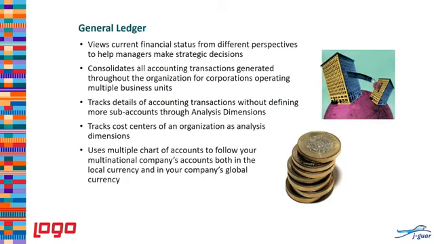Now, you can also view the financial status from different perspectives so you can create different strategic decisions for the management. This is very important. Inside the system, we can define 3 different charts of accounts for each company.